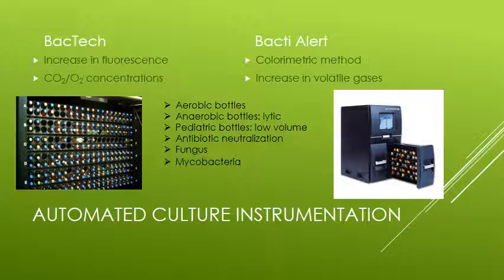Now they have mycobacteria and fungus as well. I can tell you because I'm old enough to have done manual blood cultures, but the use of an automated blood culture system to detect bacteria growing inside the liquid has really improved the life of the microbiologist.